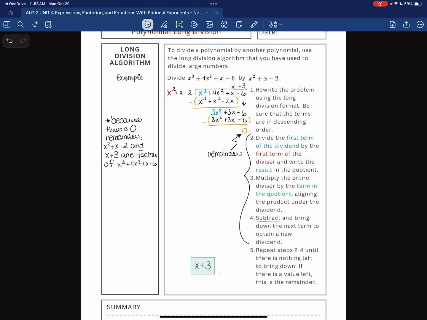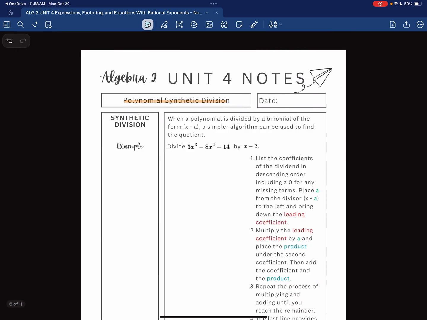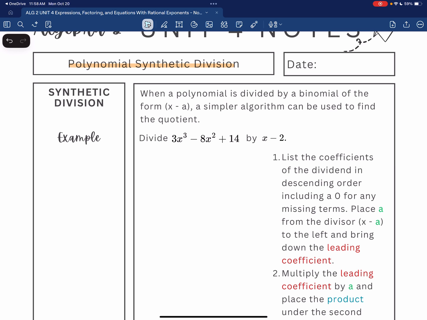It's not terribly difficult. It looks like there's a lot of steps, but we just repeat the steps again and again and again. Now there's another algorithm that we can use in very specific cases. When a polynomial is divided by a binomial of the form x minus a, or it could be looking like x plus a, then we can use a simpler algorithm to find our quotient.